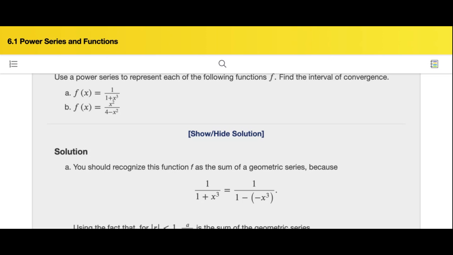So we write x squared over 4 minus x squared equals, well, our first term is x squared divided by 4. And our ratio also equals that.